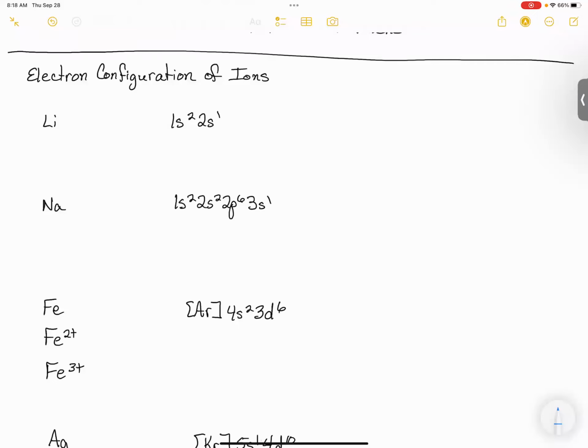Lithium is element number 3, so its atomic number is 3, meaning that it has 3 protons and 3 electrons. So we wrote the electron configuration of lithium as 1s2, 2s1. Now, lithium is a metal.